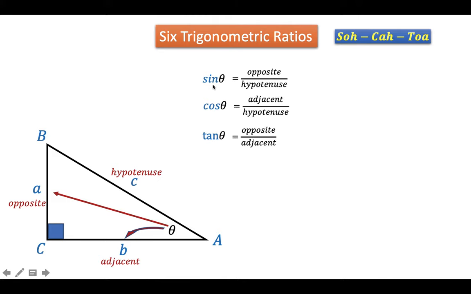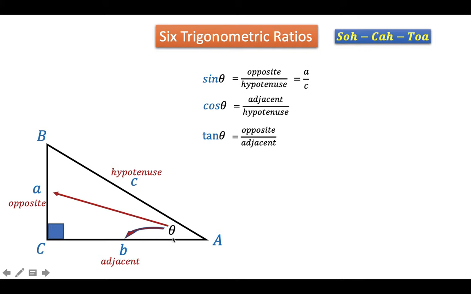To find sine theta, just take the opposite side divided by the hypotenuse. Since theta is our reference, opposite to it is side a, and the hypotenuse is c, therefore our ratio is a over c. To find cosine theta, take the adjacent side divided by the hypotenuse.